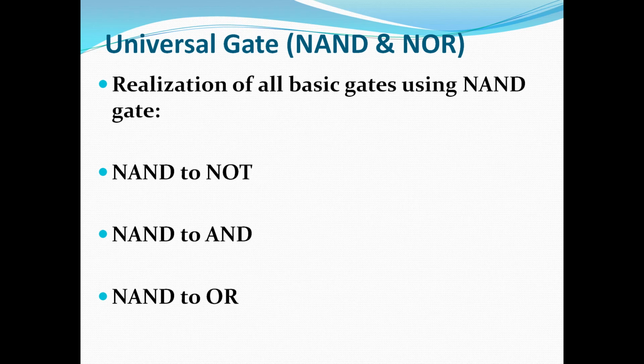Remember, AND, OR and NOT are known as the basic gates. So in this session we are discussing how to implement all the basic gates using only the NAND gate.